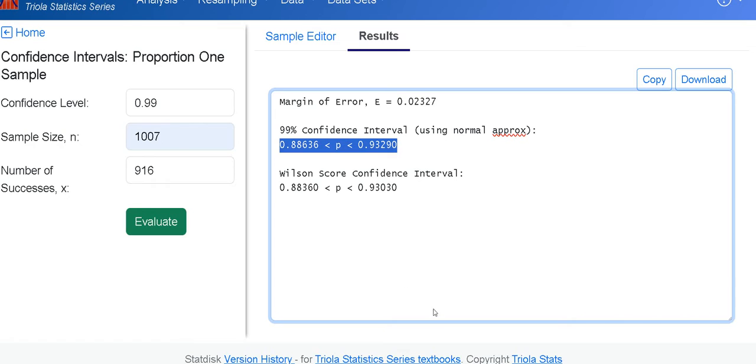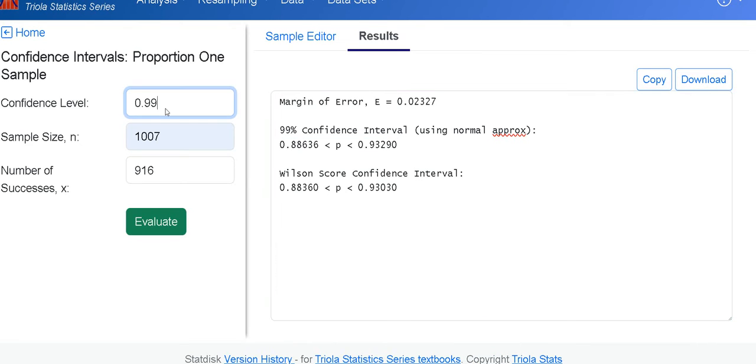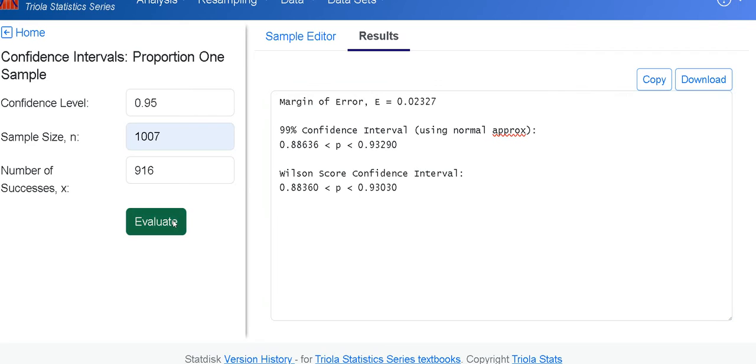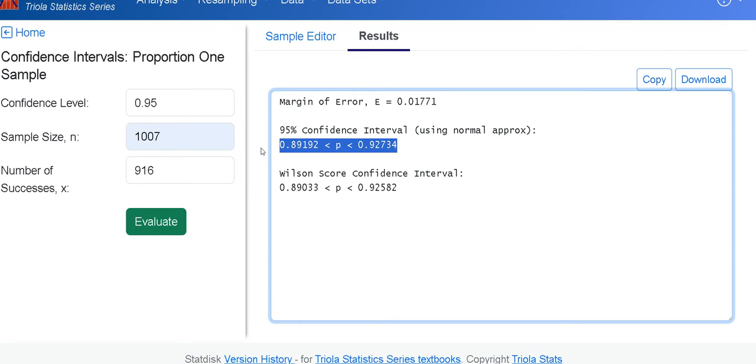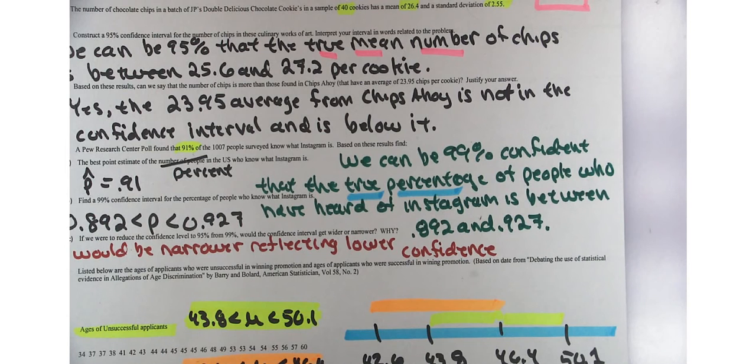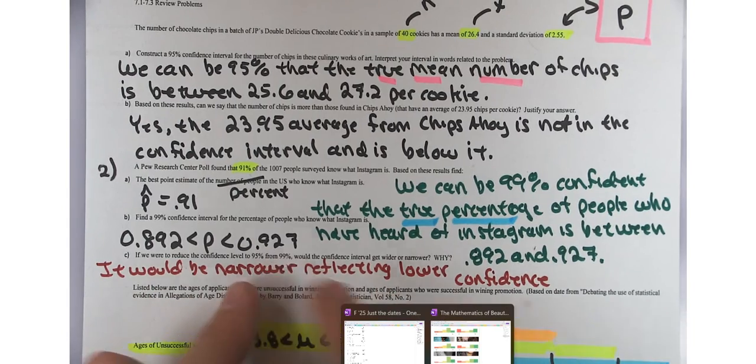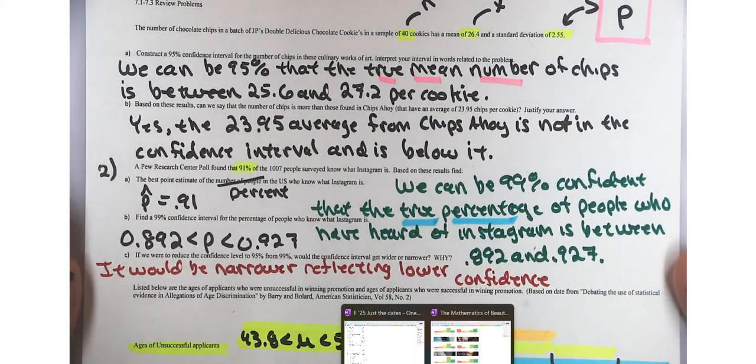But what would happen if we dialed this down to a 95% confidence interval? I want you to take a look at the margin of error. Let's take a look at what happens here. Oh, it went down, didn't it? In fact, the width of this interval also went down. Now, what's going on is that if I want to be more confident, I'm going to give myself more room for error.